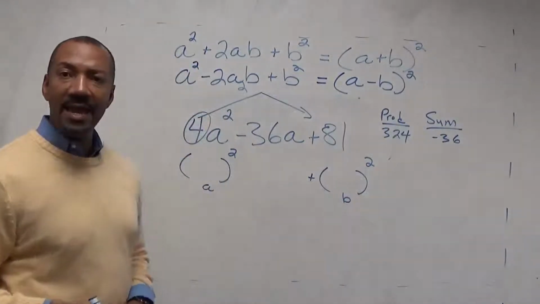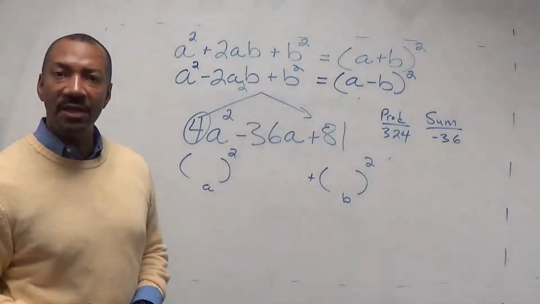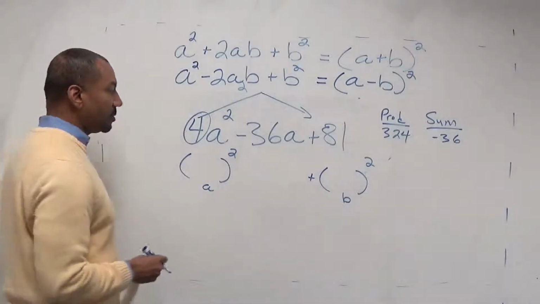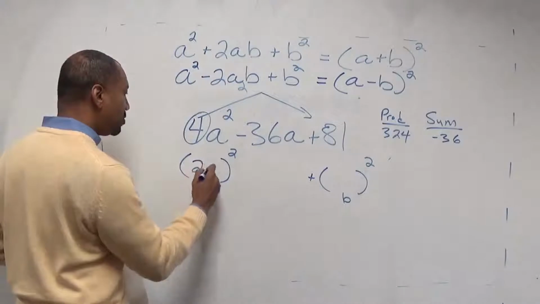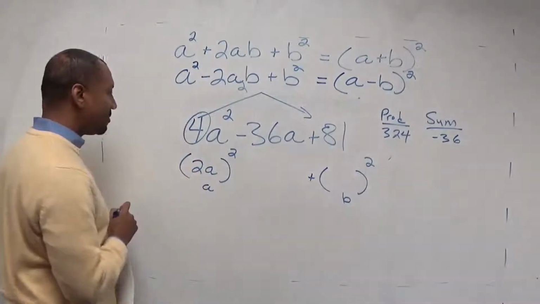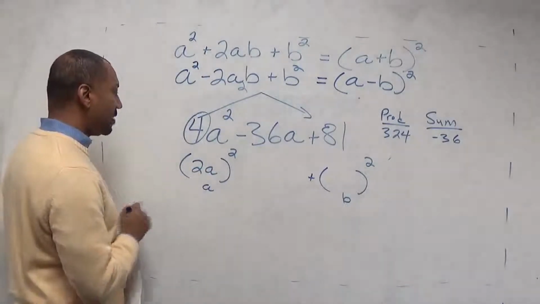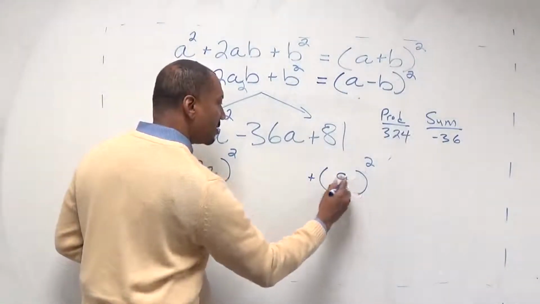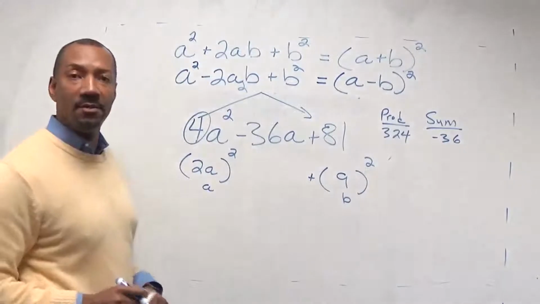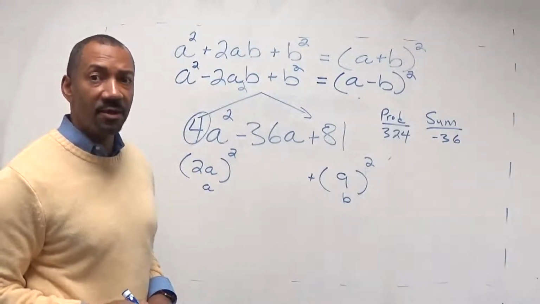Go ahead and take a stab at it. What do you think? I agree with you. I need to put a 2a inside my parentheses. That'll give me back 4a squared. And if I put a 9 here, that'll give me back 81. We're almost there. This is looking real good.